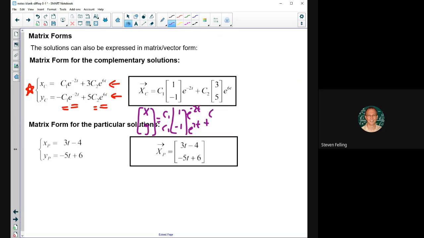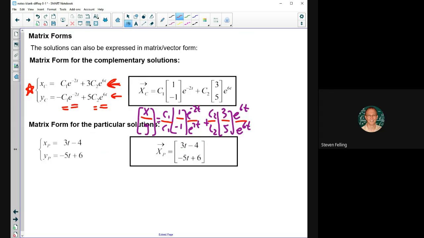And then we've got this C2 that applies to all the rows, 3, 5. And we've got this e to the 6t that applies to all the rows. So you can see how this is really saying that x equals C1 times 1 times e to the negative 2t plus C2 times 3 times e to the negative 6t, and it replicates this row. And then the second row replicates the y row.